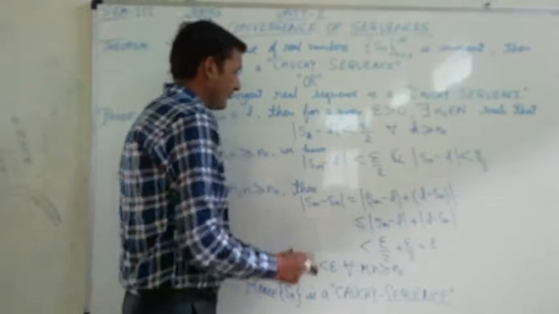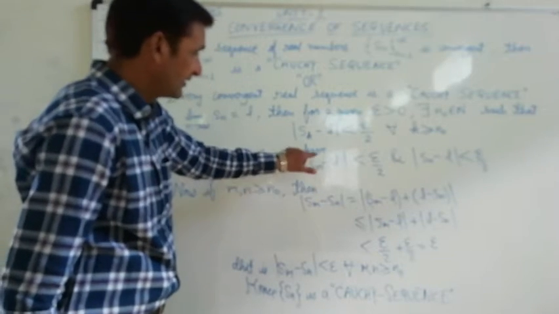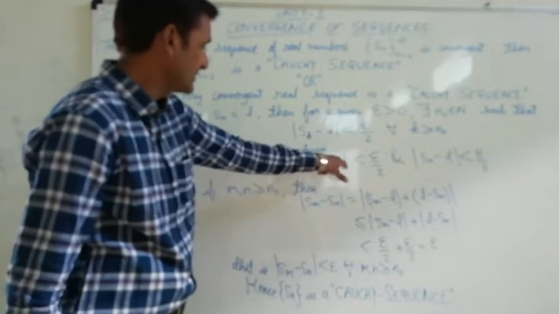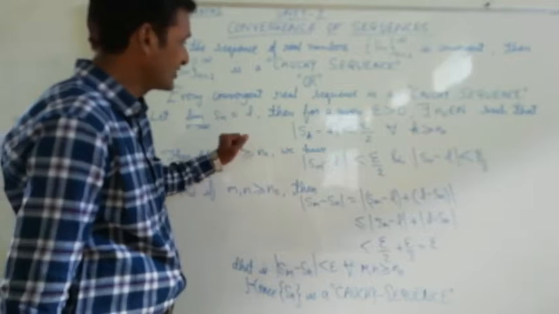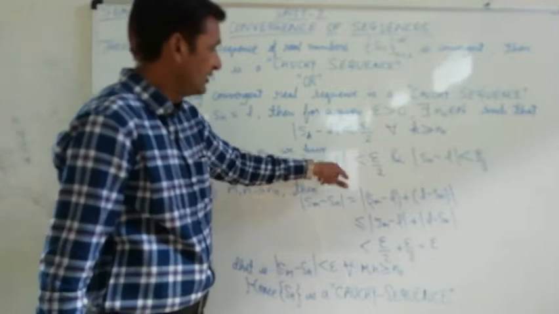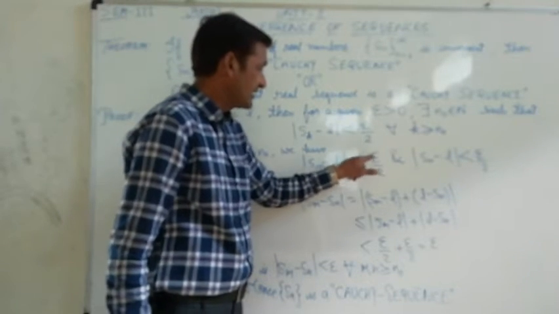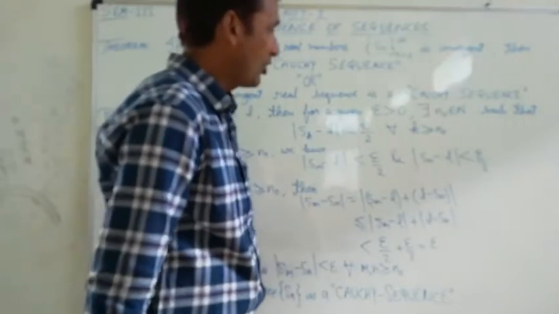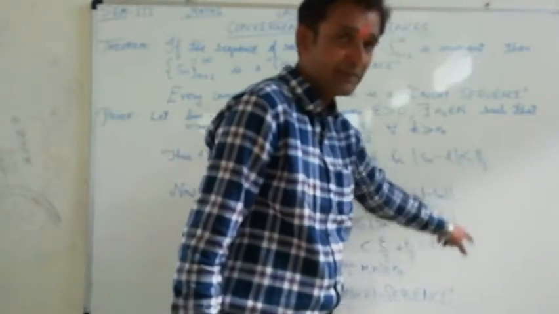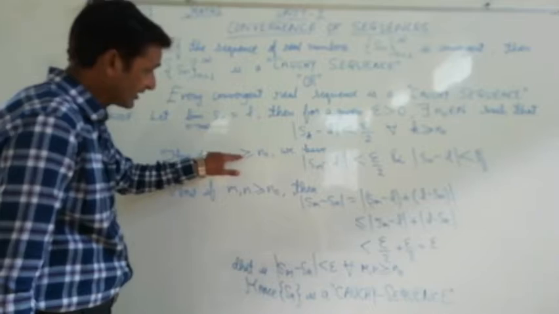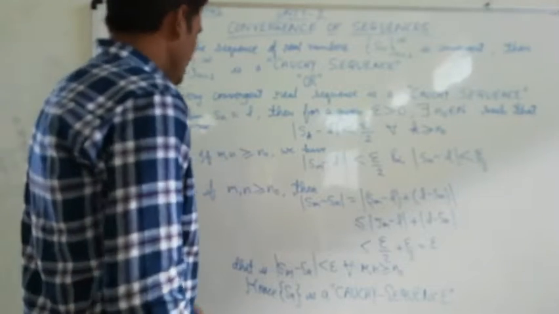In place of k, we have replaced it by Sn. Then mod of Sn minus L, because n is greater than or equal to n0, is less than epsilon by 2, and mod of Sm minus L is also less than epsilon by 2, where m, n are greater than or equal to n0.